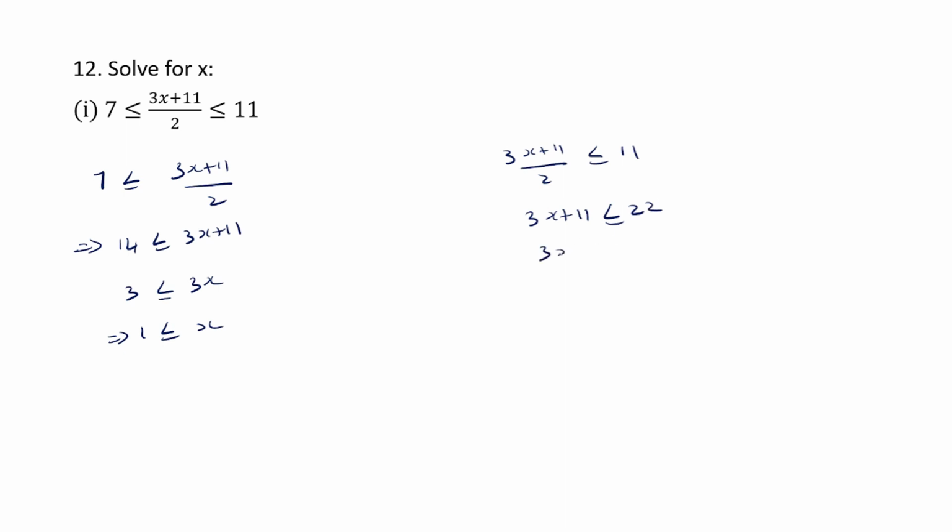If we transpose 11 to the other side, we get 3x less than or equal to 22 minus 11, which is 11, and x less than or equal to 11 by 3. Now we can combine these two inequalities. From this we get 1 less than or equal to x less than or equal to 11 by 3. So the solution for x is x belongs to closed interval 1 comma 11 by 3. So this is the solution for x.